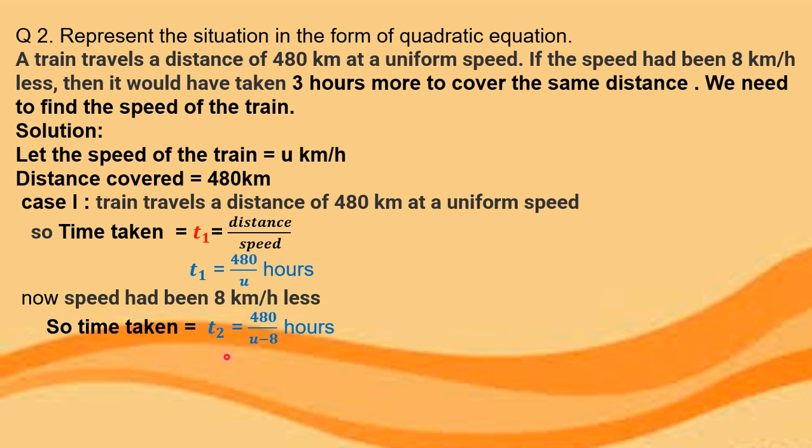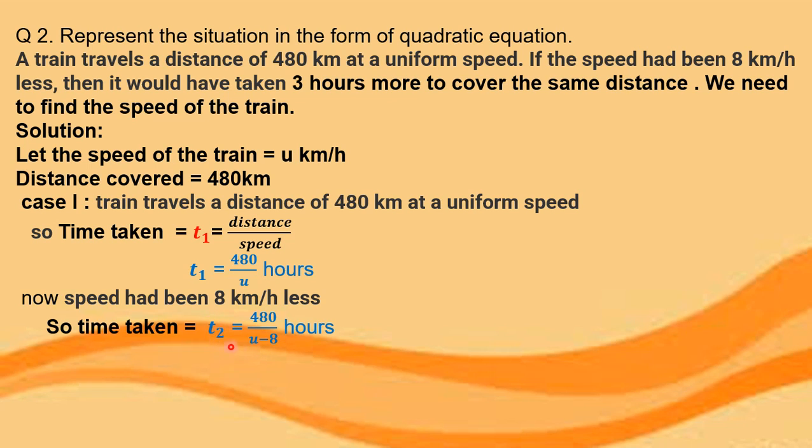That means we represent the first time as t1 and the second time as t2. When the train goes at the uniform speed, the time is t1. But when the speed is decreased by 8 km per hour, the time taken to complete the journey of 480 km is 3 hours more.